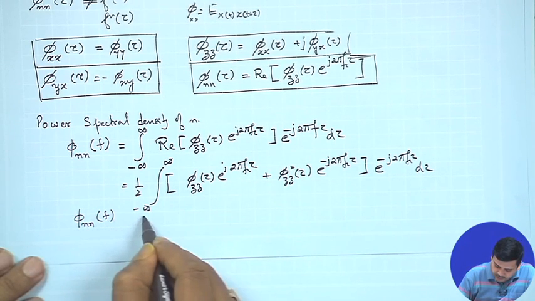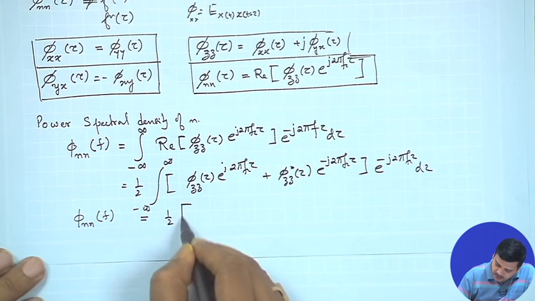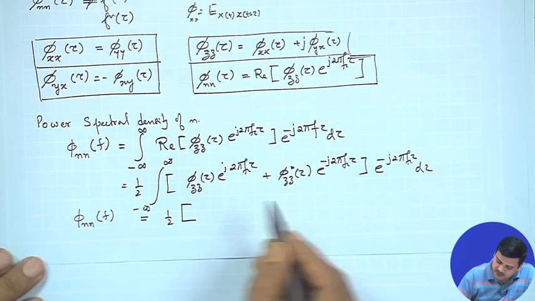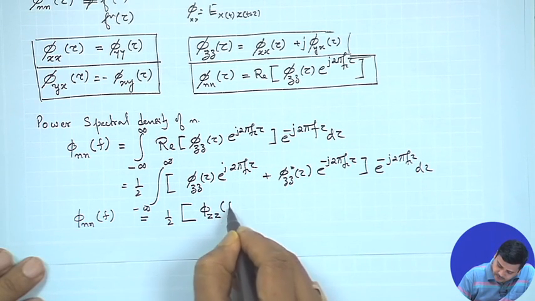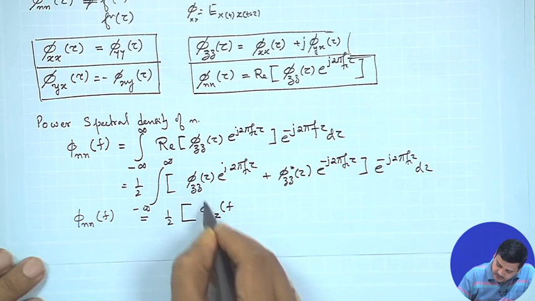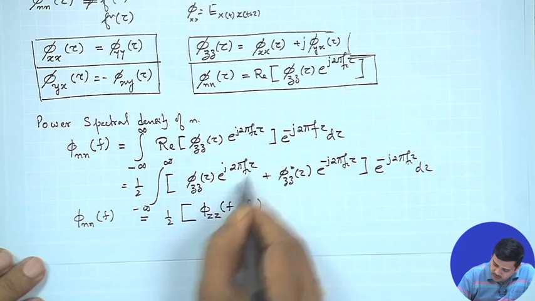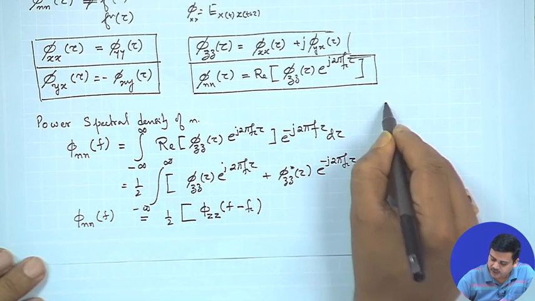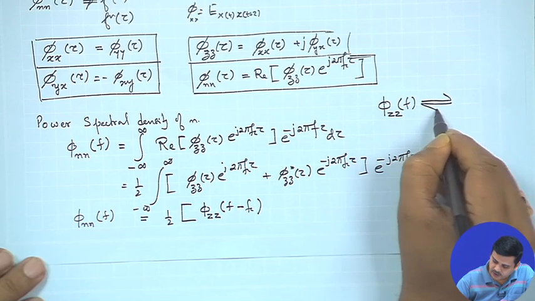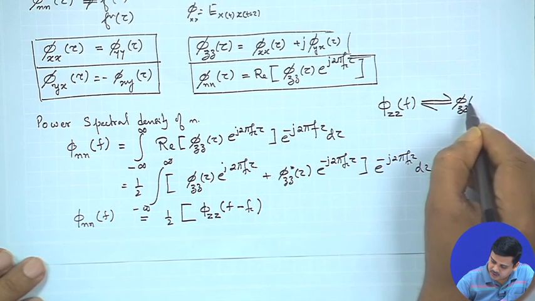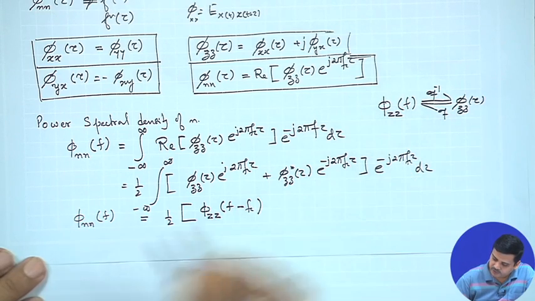And we're going to get phi_n of f, if phi_z of tau has a Fourier transform phi_z of f, if these are Fourier transform pairs. Then this whole thing becomes this, where phi_z of f is the Fourier pair of phi_z of tau. So this is the inverse Fourier, this is the Fourier relationship.